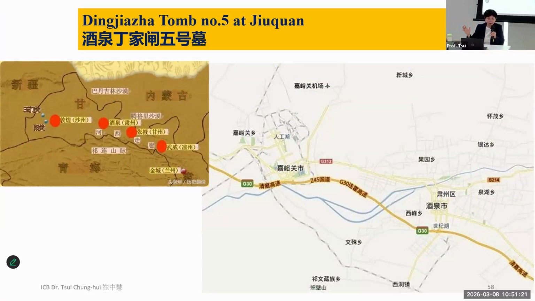Archaeologists only opened a few of the burial tombs, and they discovered quite a unique architecture. The site is called Dingjiazha in Jiuquan. Dunhuang is in Jiuquan city.